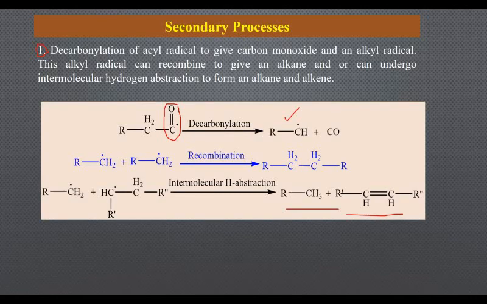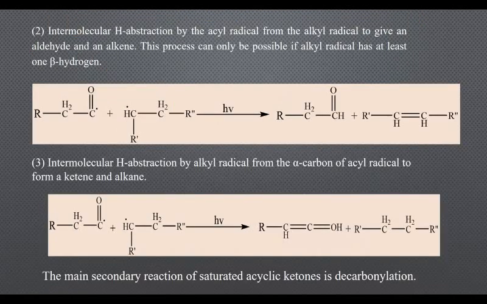Here the hydrogen from this alkyl radical is shifted to this alkyl radical, so that the more stabilized alkene is formed, with the double bond in between the chains, the more substituted double bond. The second possibility is intermolecular hydrogen abstraction by acyl radical.